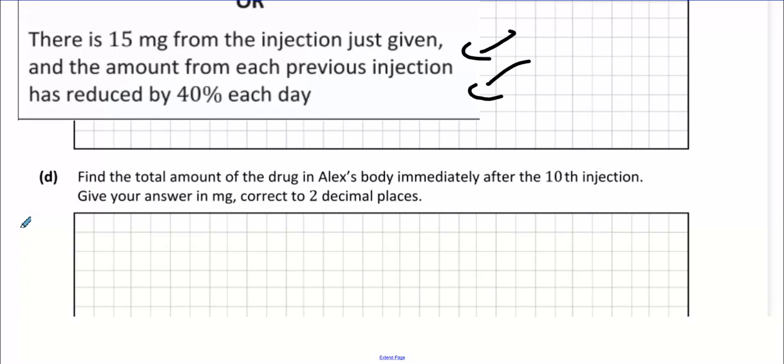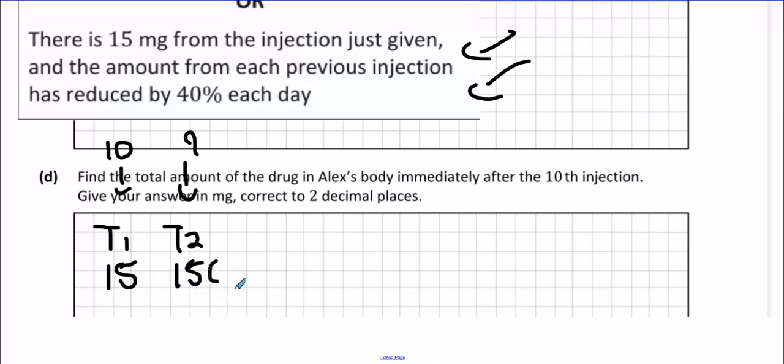Now, find the total amount of drug in Alex's body immediately after the 10th injection. Let's say T1 is your last injection. Your last injection is 15. Can everybody understand that T1 is actually your 10th injection? T2 would be your 9th injection, which is 15 by 0.6, right?